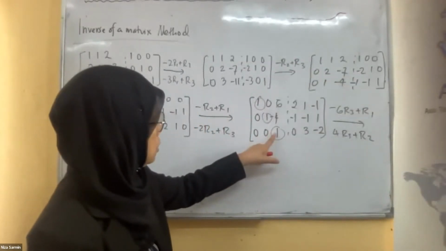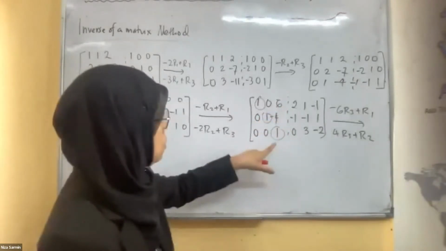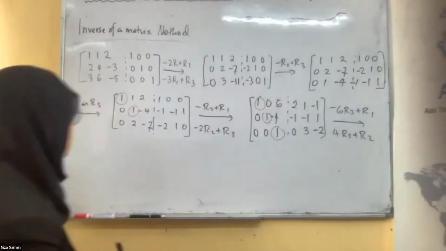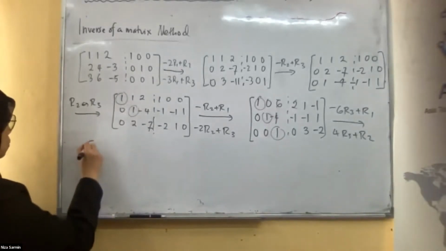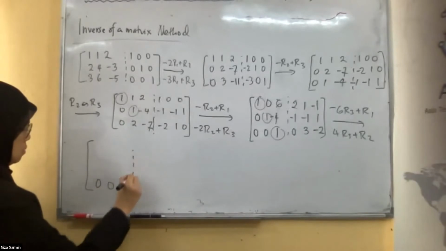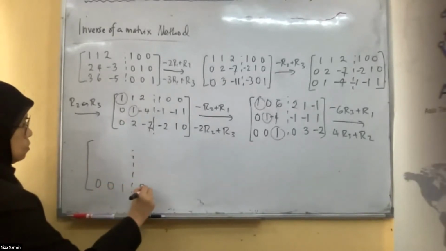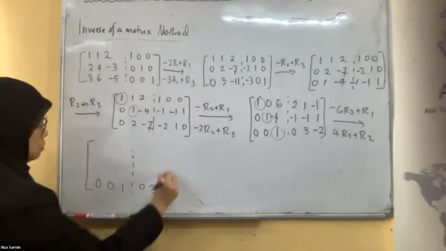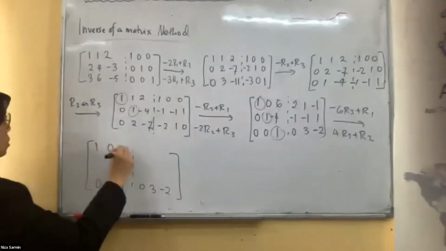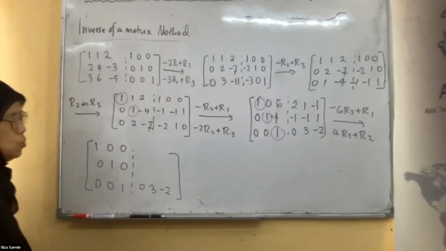Negative 6 row 3 plus row 1, you get 0. 4 row 3 plus, because this is negative 4. Then you will get 0, 0, 1, 0, 3, negative 2. Oh, 1, 0, 0, 0, 1, 0, automatic.